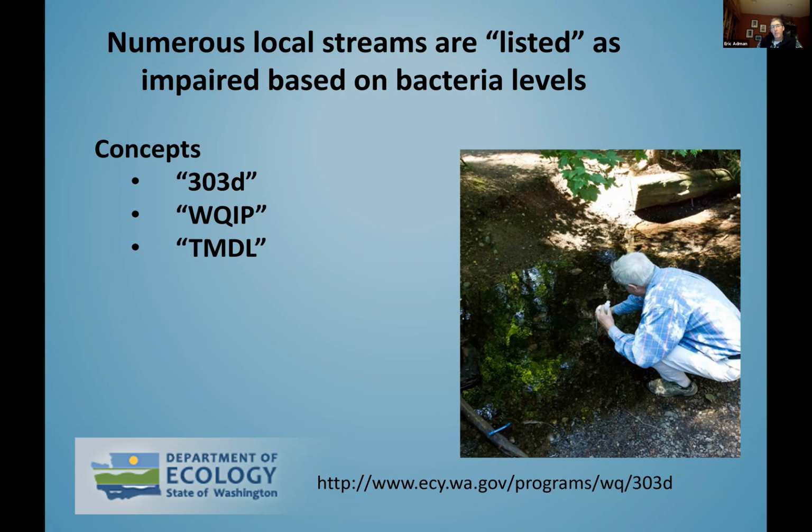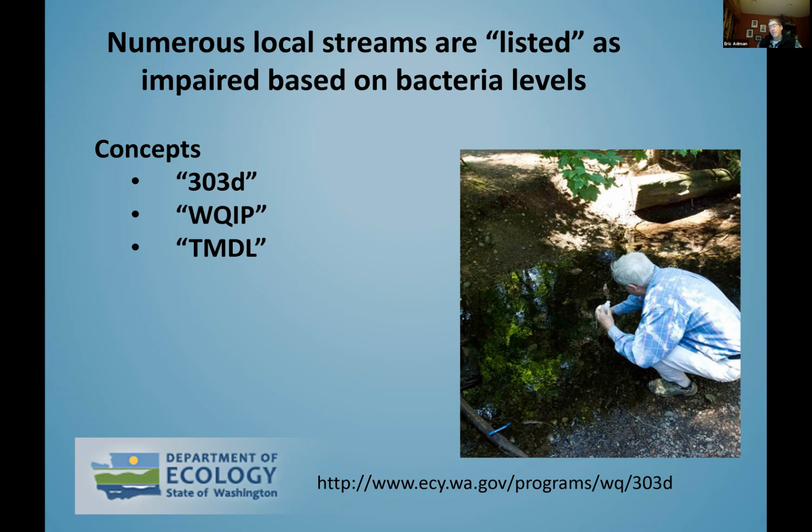It's not critical that you remember these, but under the Clean Water Act, Section 303(d), a monitoring entity can send data to the EPA, or it's administered by the Department of Ecology in Washington State, saying we think this water body is polluted and here are the levels of this pollutant. You can list a water body as polluted for any of a number of variables, including bacteria.